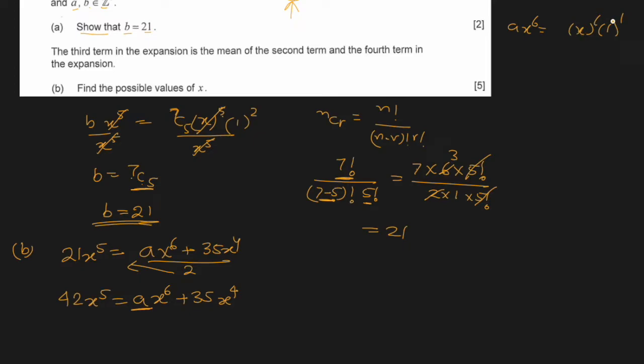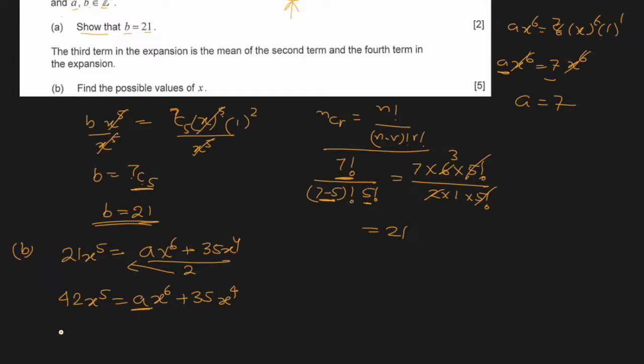Yeah, 6 plus 1 is 7. And here will be 7c6. So A x to the power 6 equal to 7c6 will be 7. If you use the same thing, you'll get 7 x to the power 6. No need to write 1. Both have x to the power 6, we can cancel. So A comes out to be 7.